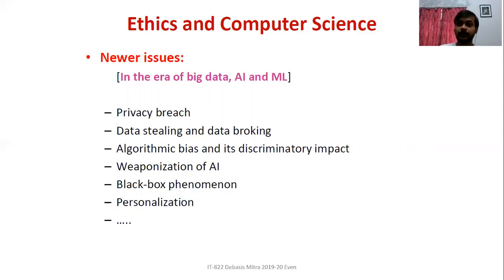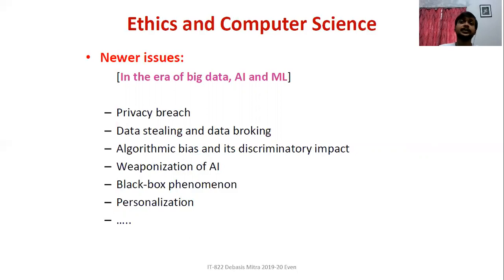Data stealing and data brokering are cropping up, and the software used for decision making in criminal justice, predictive policing, job hiring, credit scoring may involve algorithmic bias and may lead to discriminatory consequences. And these autonomous systems may lead to weaponization of artificial intelligence, which is a very fatalistic effect.